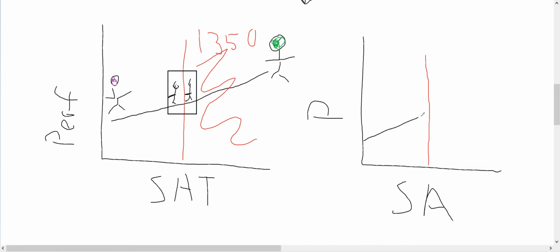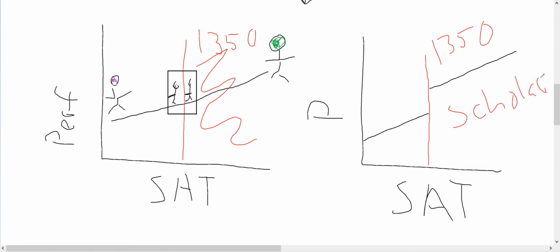And we can try to make estimates that look for a discontinuity at that cutoff. So here I show the relationship between SAT and performance, and we notice that just like before, it's a positive relationship. But we see a jump at the 1350, the score that was necessary to qualify for the scholarship. So again, students on the right get the scholarship, and students on the left do not.